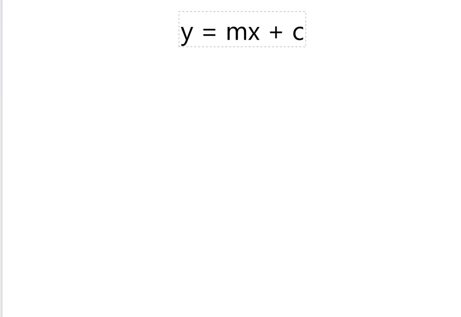So what are these? What is y? What is mx? What is c? You can completely ignore y and x. They are just the x and y values, but m and c is what we have to worry about. m is easy. m is the gradient, and we talked about that in last class.